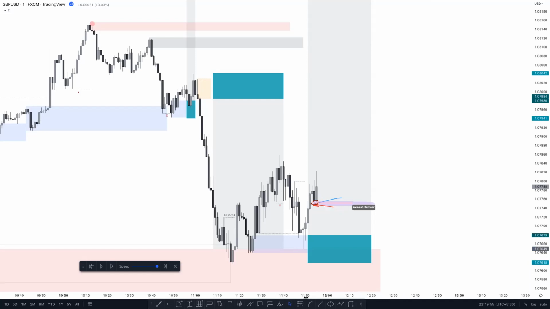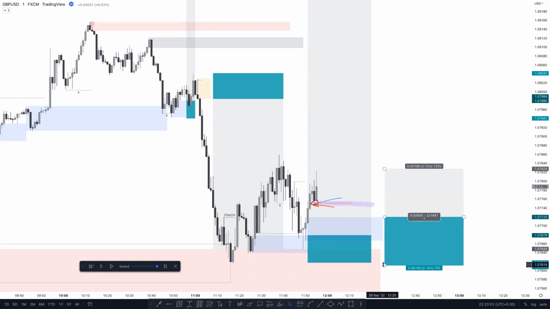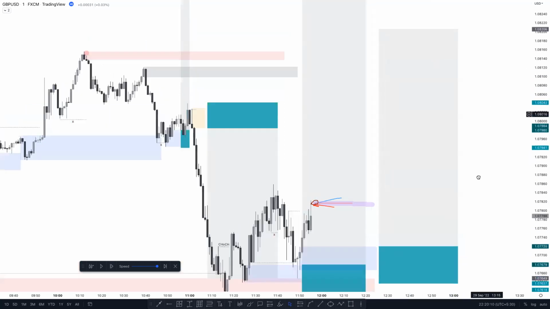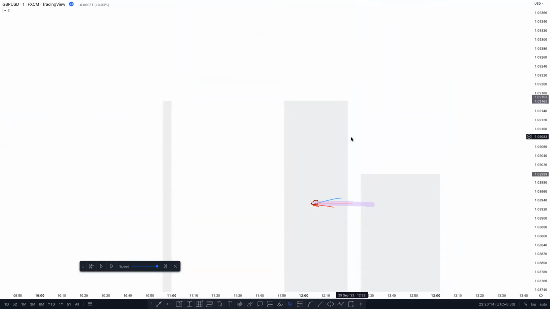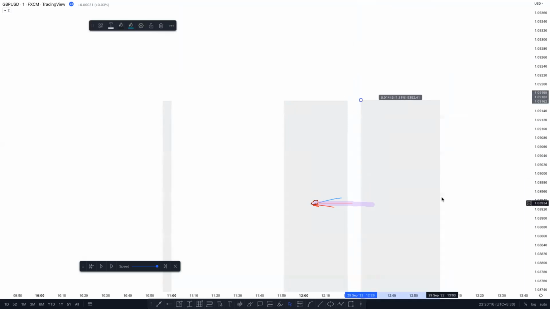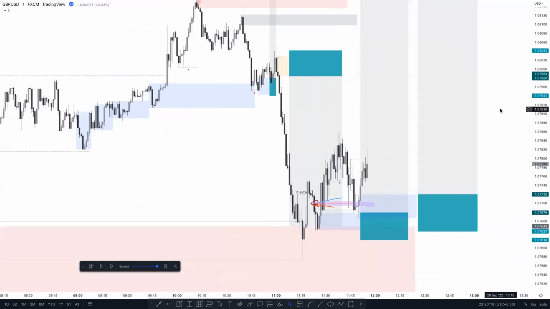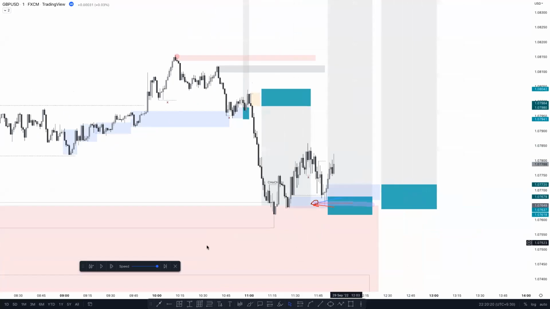And now we can buy below it, this order block, right? And this one, and stop loss at least below it, and the target will be the same. This one, right? And let's see.